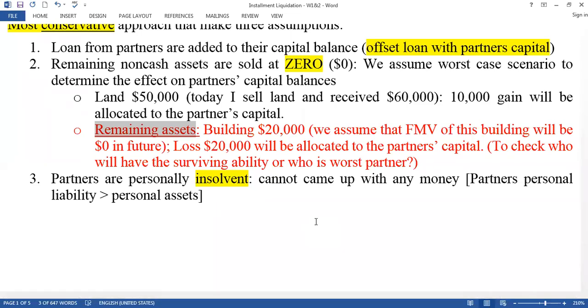For example, if the remaining asset is a building of $20,000 and we assume the future market value will be zero, then the totally $20,000 is our loss, right? This is a future loss, but we don't know. We just assume it. It may not happen in future, but according to the conservative method, we should assume this loss from the very beginning. And this loss is going to be allocated to the partners to see who has the surviving ability or not.